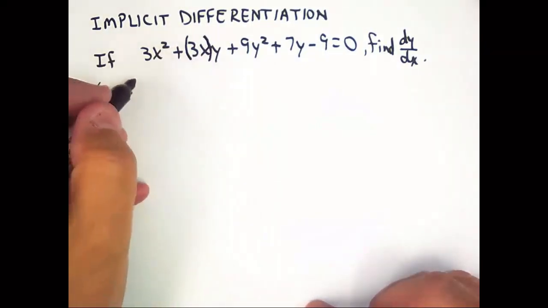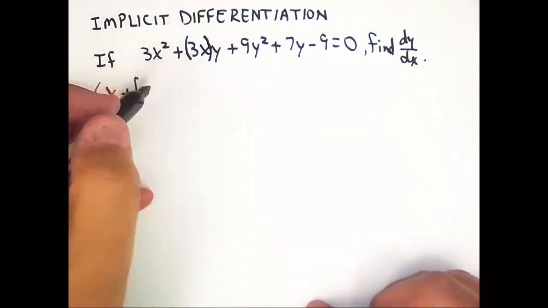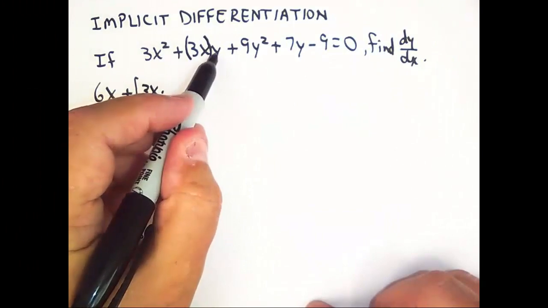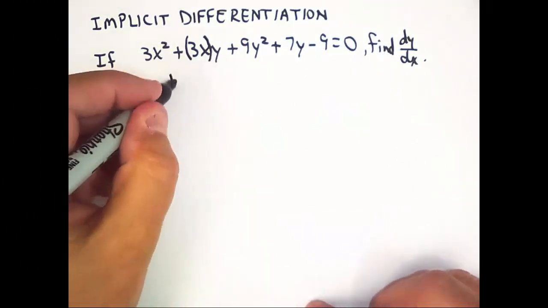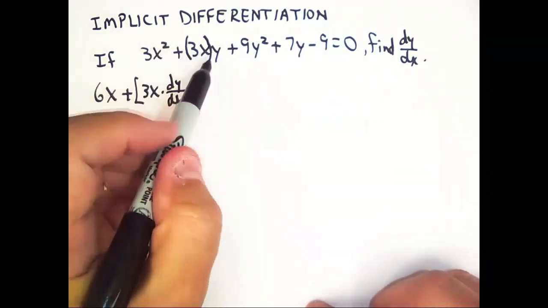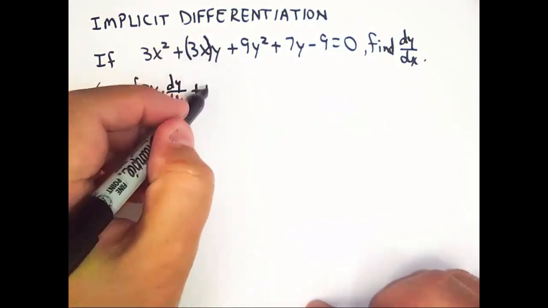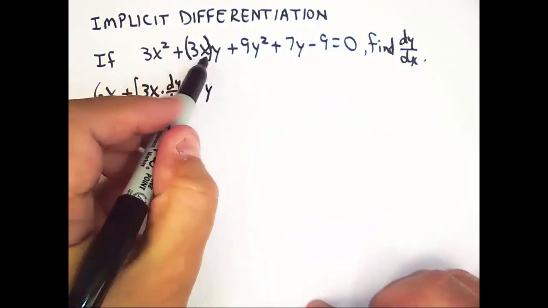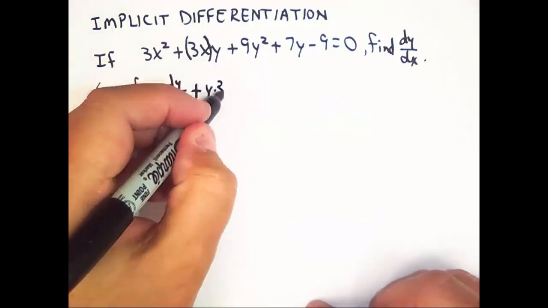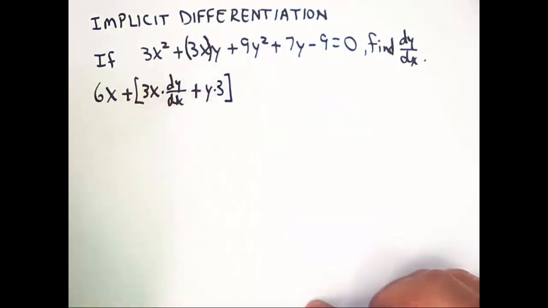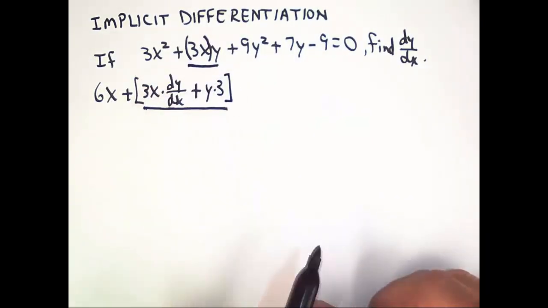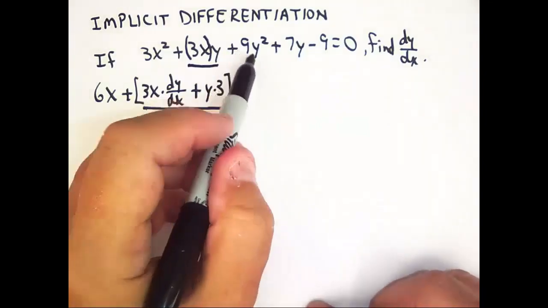The product rule says you take one of the factors and multiply it by the derivative of the second factor. The second factor is y, so its derivative is dy over dx, plus then you reverse it and you take the second factor and you multiply by the derivative of the first factor, where the derivative of 3x is 3. So that's the derivative by the product rule.